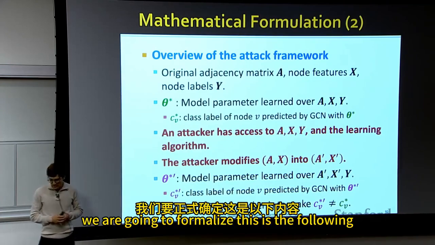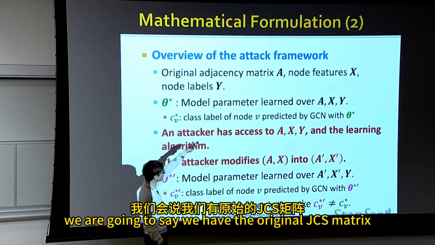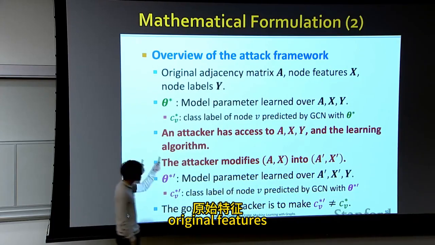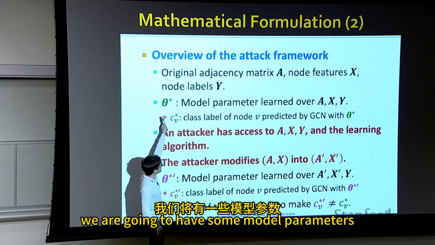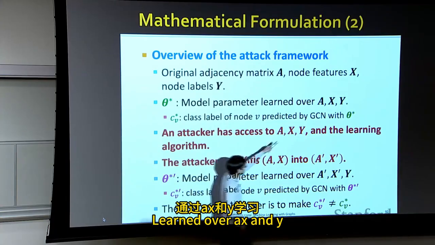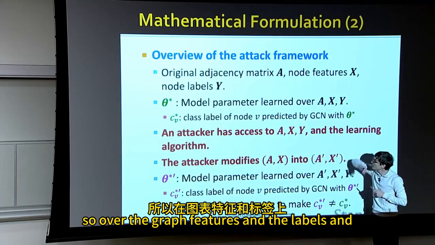The way we are going to formalize this is the following. We have the original adjacency matrix, original features, and node labels Y. We are going to have some model parameters learned over A, X, and Y, so over the graph, features, and the labels.